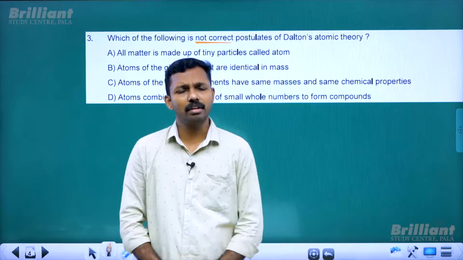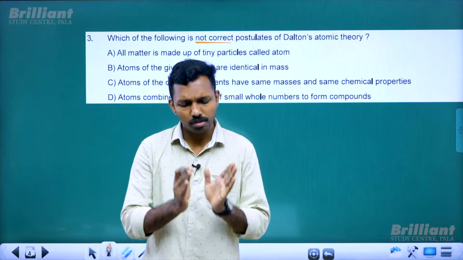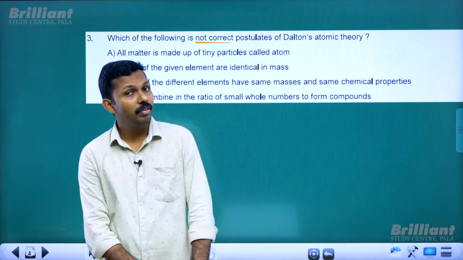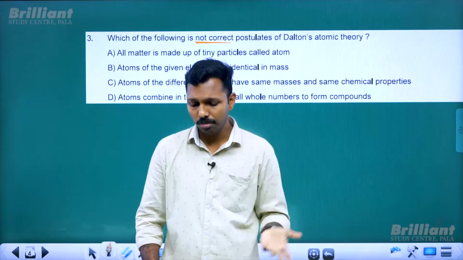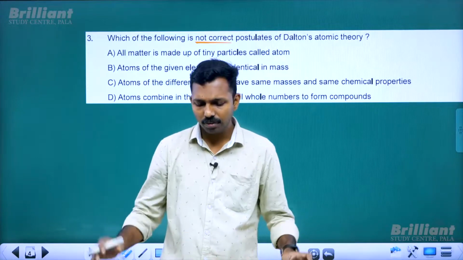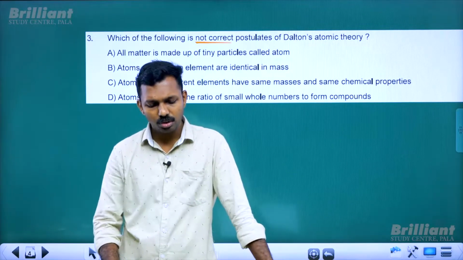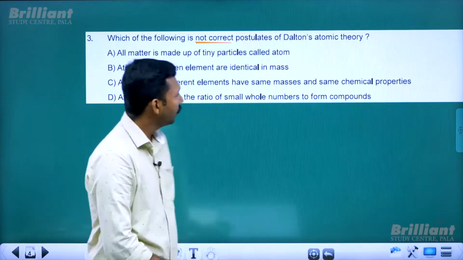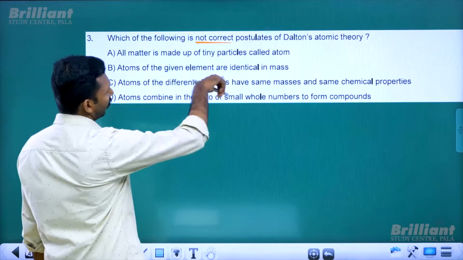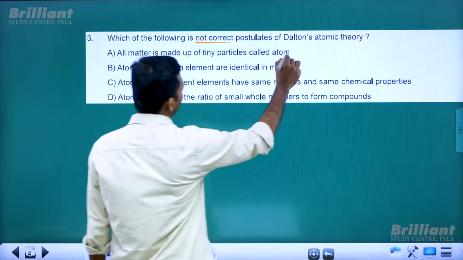If we are dividing matter into smaller particles, then we will reach a finest particle, a smallest particle that is no more divisible. These are the words by John Dalton. So, all matter is made up of tiny particles called atoms. This is the first statement that is correct for Dalton's atomic theory. So, it is correct, right?